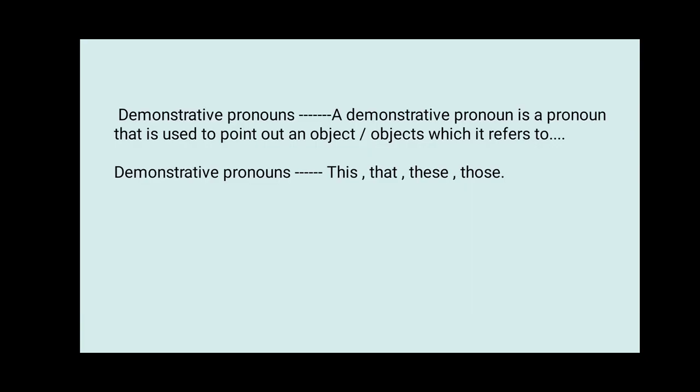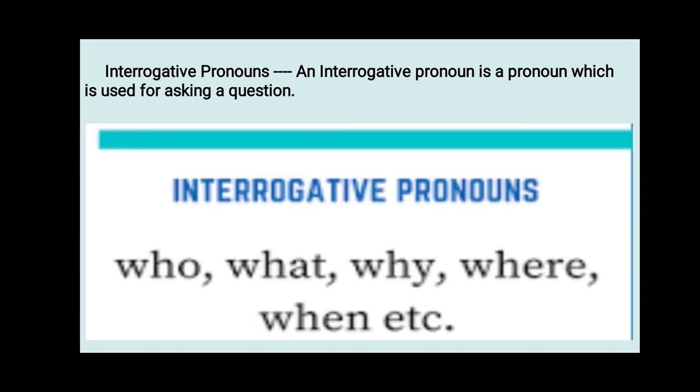Then comes the demonstrative pronouns. A demonstrative pronoun is a pronoun that is used to point out an object or objects which it refers to. And the demonstrative pronouns are this, that, these, and those. And at last comes the interrogative pronoun, which means a pronoun which is used for asking a question.